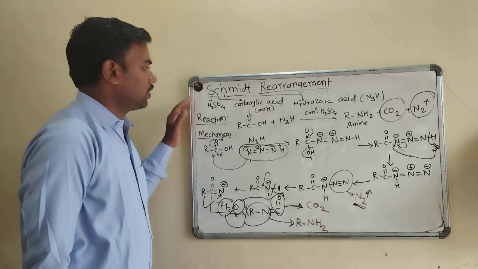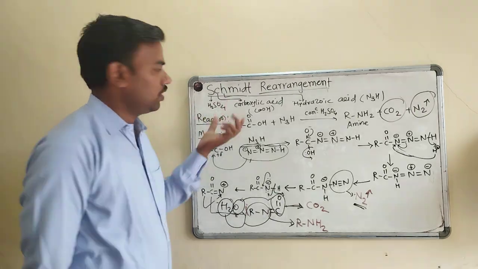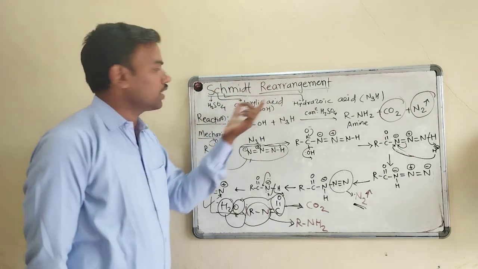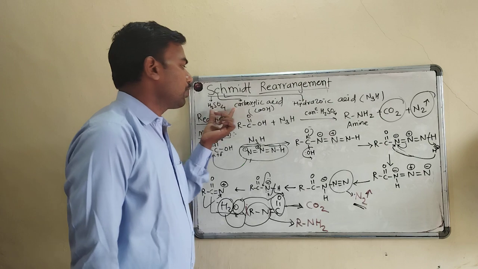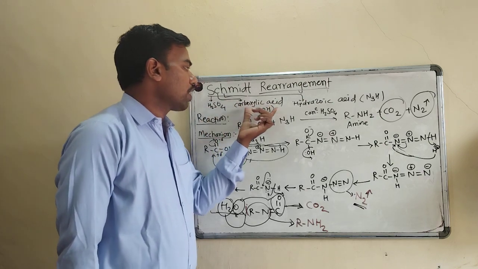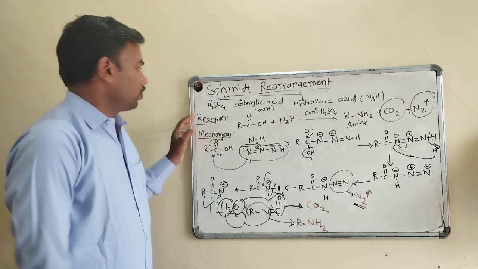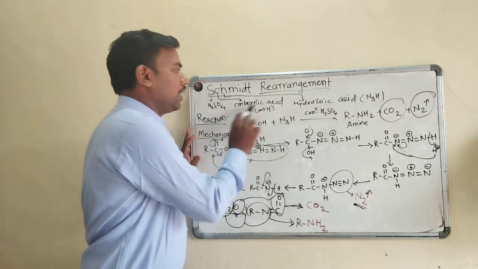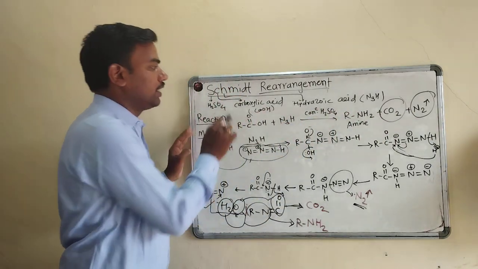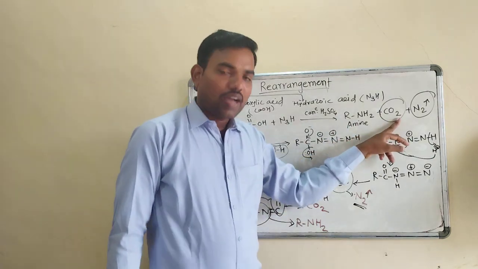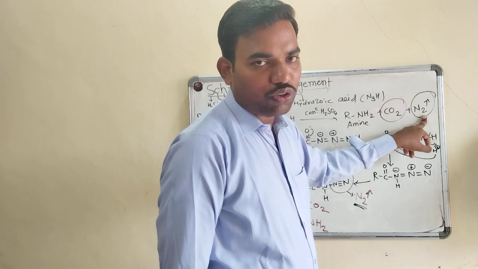Now we will see a 2-minute revision of this Schmidt rearrangement. Schmidt rearrangement is the reaction between H2SO4, carboxylic acid and hydrazoic acid. These three acids react with each other to form amine, carbon dioxide and nitrogen.